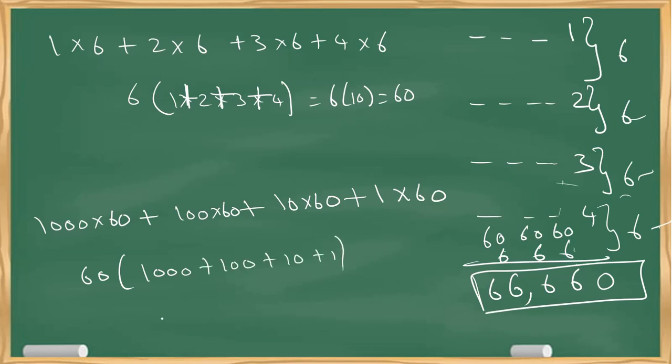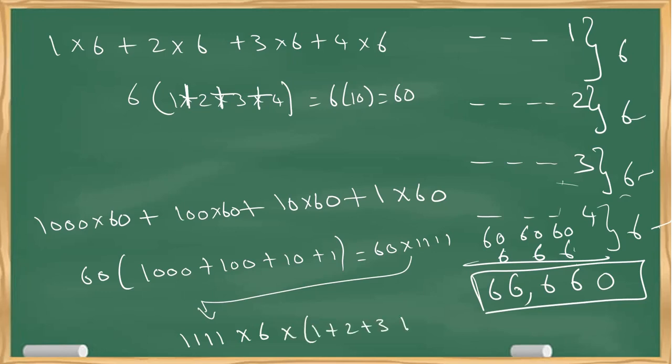So finally what do I get? Same thing. This will become 60 into 1111. Yes or no? So this I rewrite as 1111 into 6 into 1 plus 2 plus 3 plus 4.